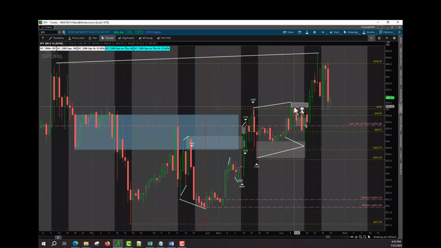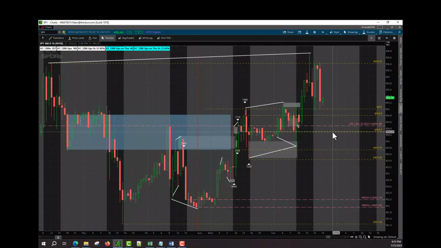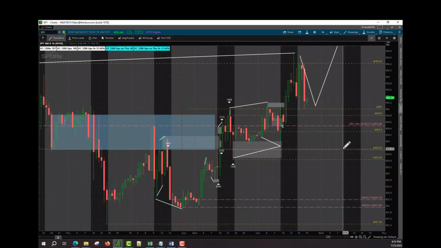Here's the scenario we want to see: it retests this right here, where there is just the bullish breaker. So when it retests this bullish breaker and then keeps going up, check out the buy side liquidity. That is one scenario.